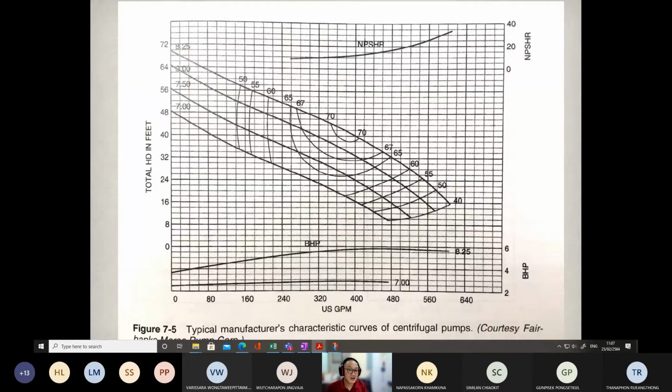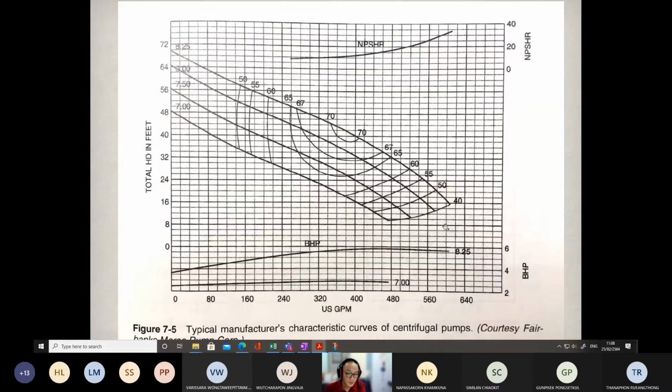Unfortunately, this semester you don't have a chance to work in the hydraulic labs. In the labs, there is one experiment called the pumping system. You have to establish the pump curve from the labs, and from the results that you obtain, you will find the curve looks something like this.